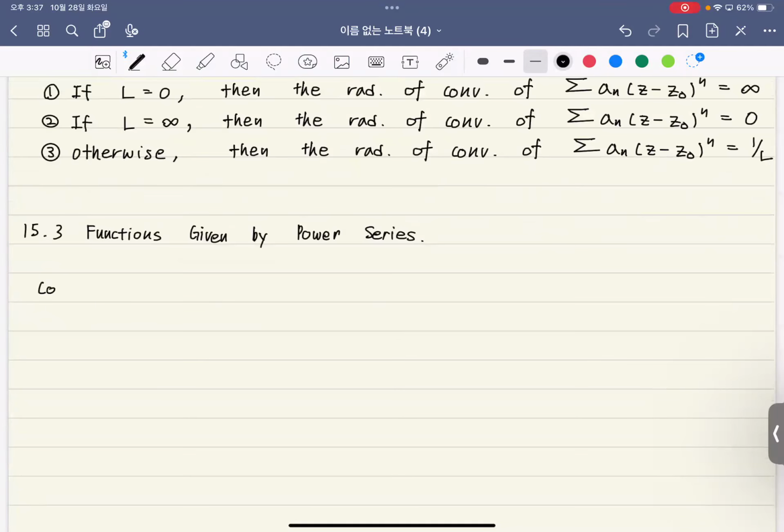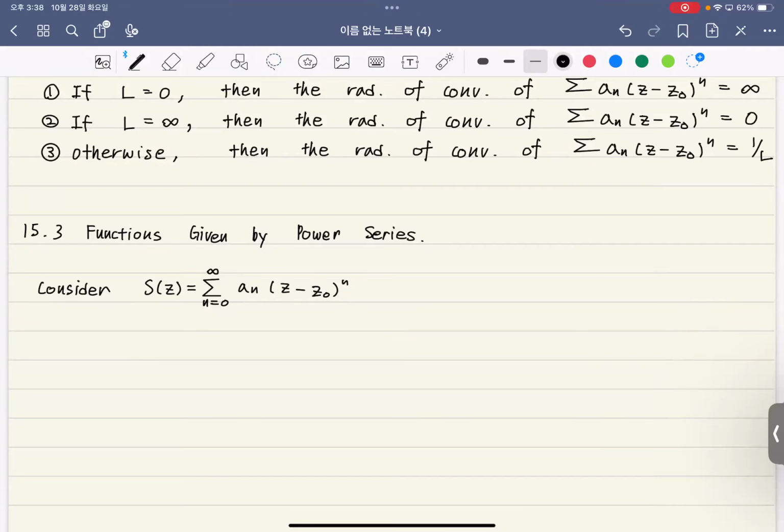Suppose we have a power series, the sum from n0 to infinity of a_n (z minus z0)^n. For future purposes, I'm going to give this a name. I will say S of z.